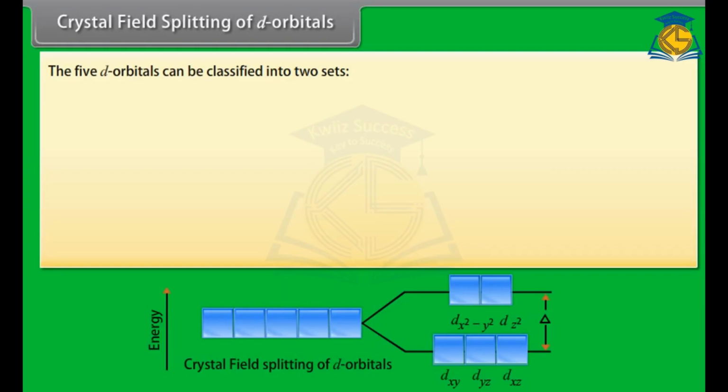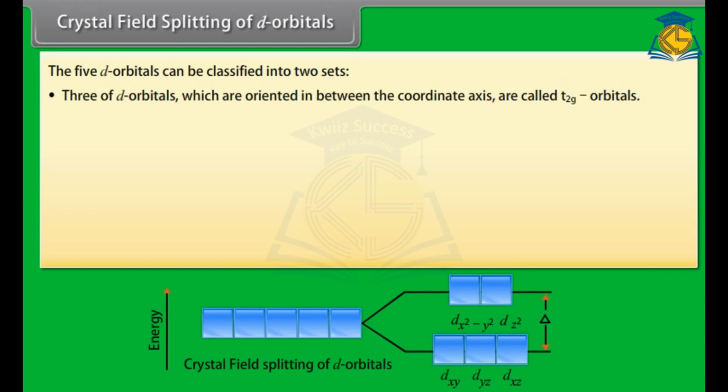Crystal field splitting of d orbitals. The 5 d orbitals can be classified into two sets. 3 d orbitals which are oriented in between the coordinate axes are called t2g orbitals. The other 2 d orbitals oriented along the axes are called eg orbitals.